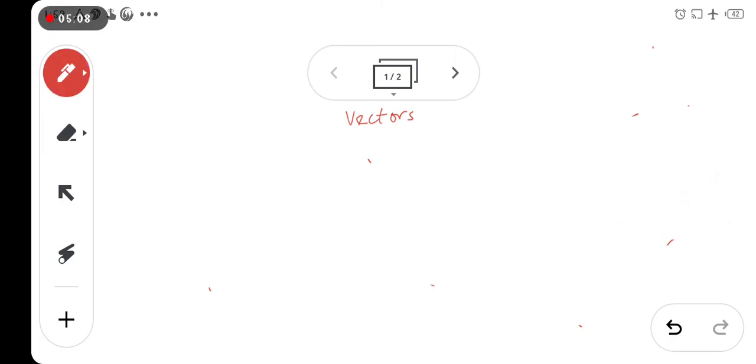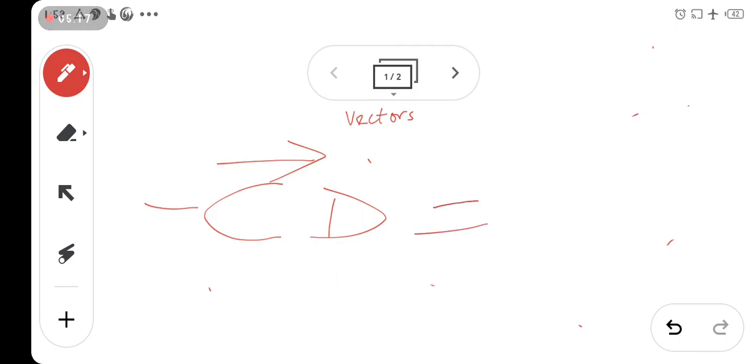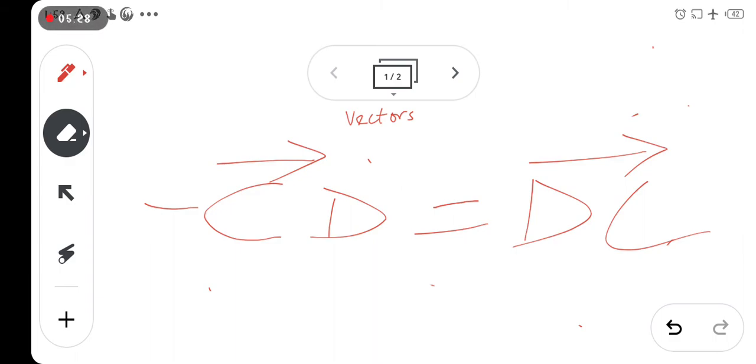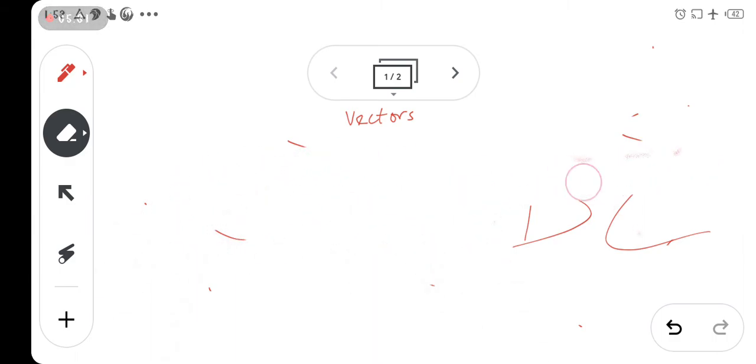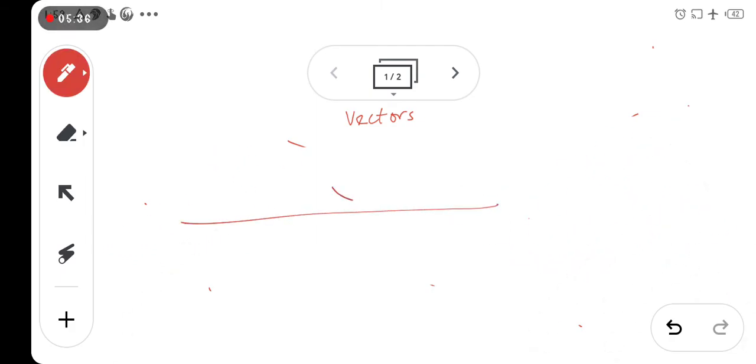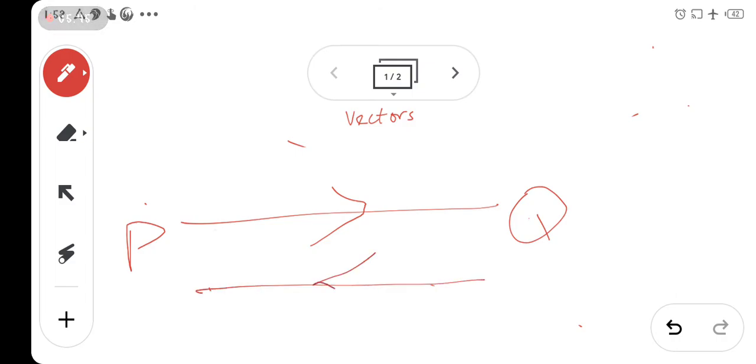So let me clear the screen a little bit. This means that I can write my negative CD as DC. So what does this mean? It means that if I have a vector moving from point P to point Q, the negative of this vector will be a vector equal but opposite to this one.